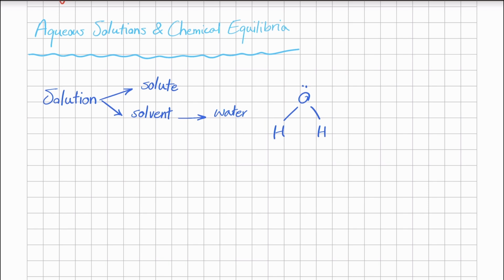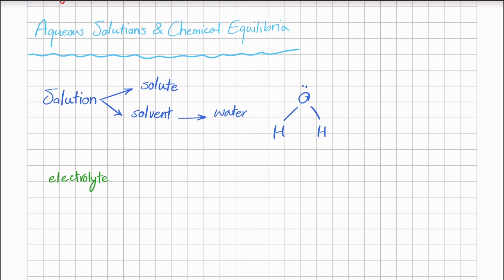So, first, we need to talk about the solutes that we usually use in analytical chemistry. Most of the solutes that we will discuss in analytical chemistry are called electrolytes. But the question might form here: what is an electrolyte?